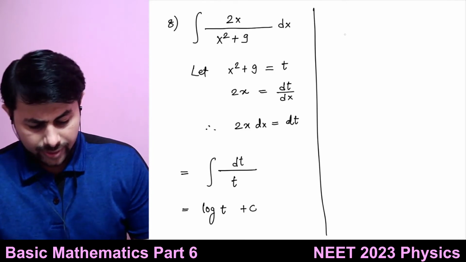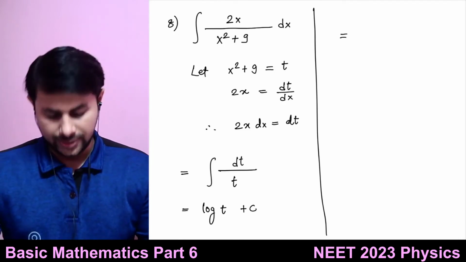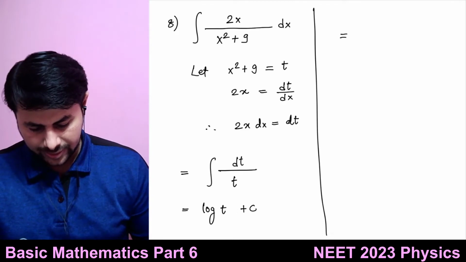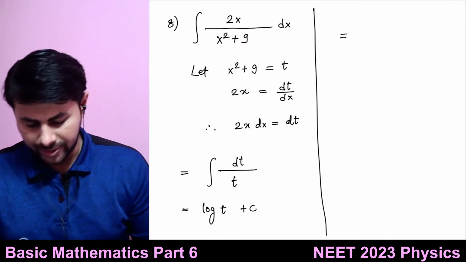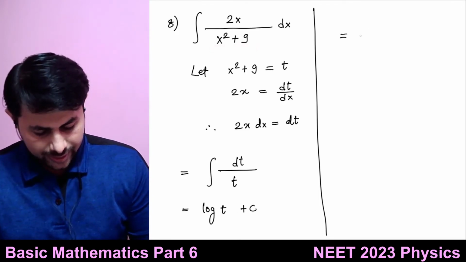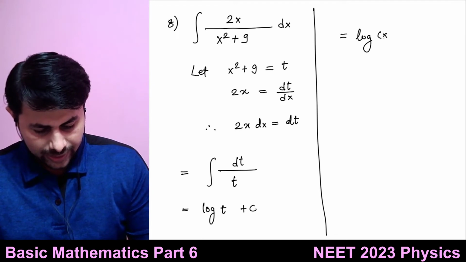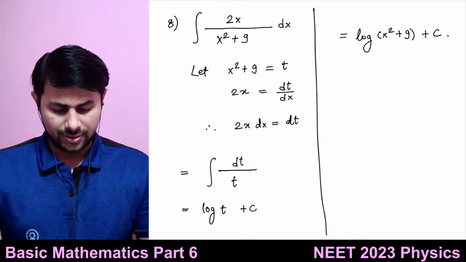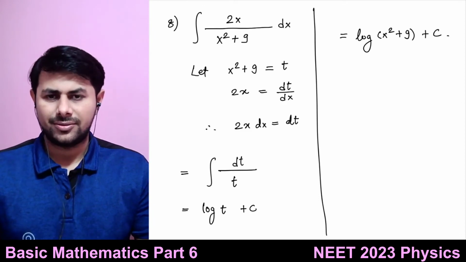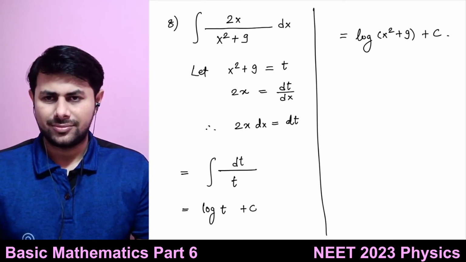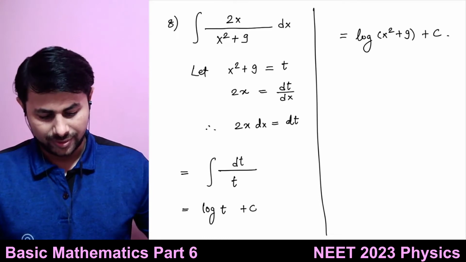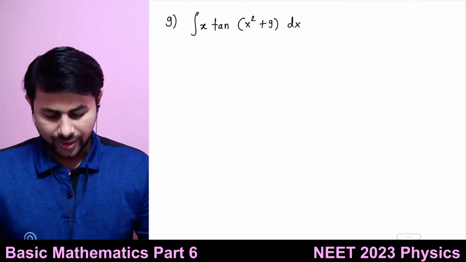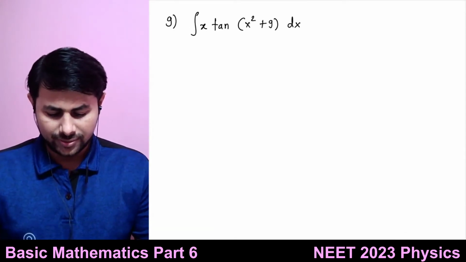Okay, so that is equal to, what is t? t is x square plus 9. Let's substitute that. So it is log of x square plus 9 plus c. Right, very simple. Yes, sir.